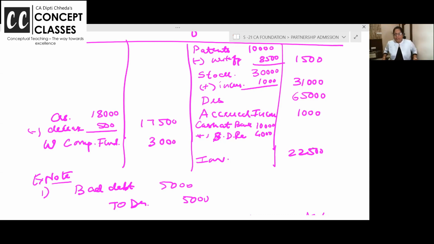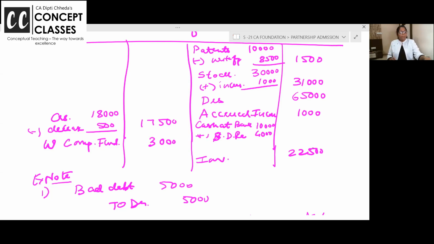Investment is 45,000. First it was 50, 5,000 you have written off, 45 ka half you have given to partners, remaining half is here. Next. That's it. All the adjustments are over.